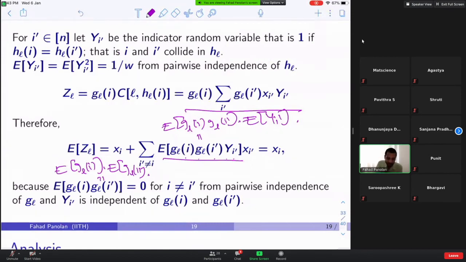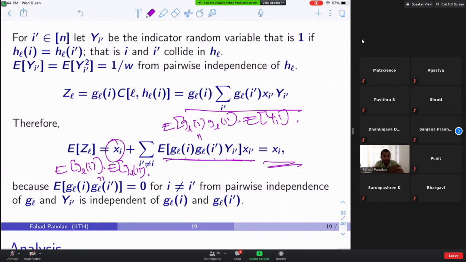Now, what is expected value of GL of I or expected value of GL of I prime? It's 0, right? It's 1 with probability half and minus 1 with probability half. So half minus half, which is equal to 0. So this quantity becomes 0. And what is left out?